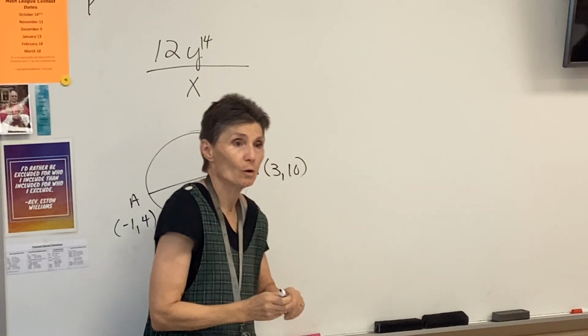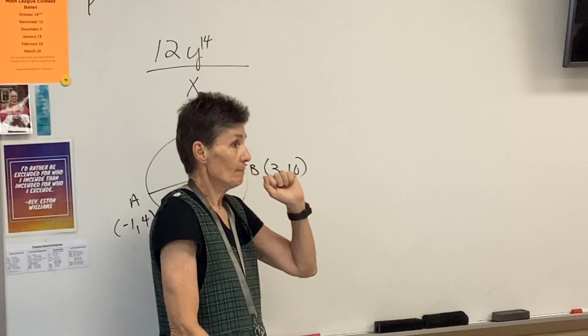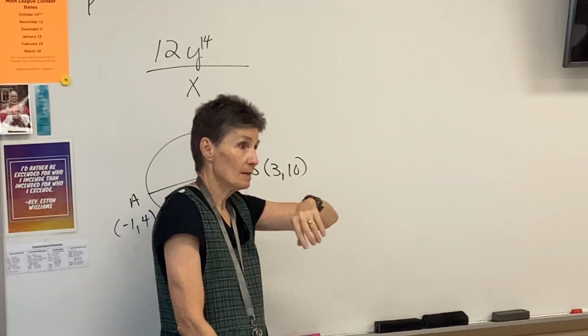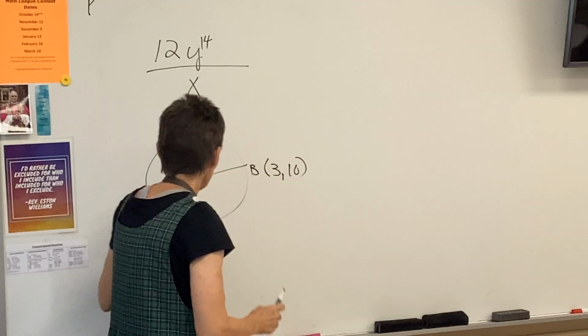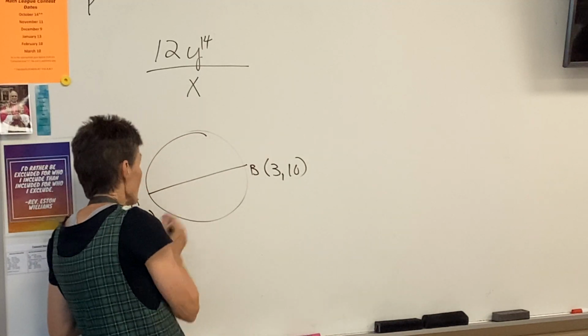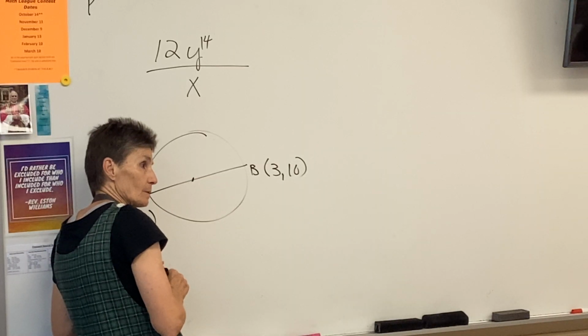What do I need to know to write the equation of a circle? I need to know the center, and I need to know the radius, right? So let's look at our situation here. This is a diameter. So what do we know about our center? It's the midpoint.